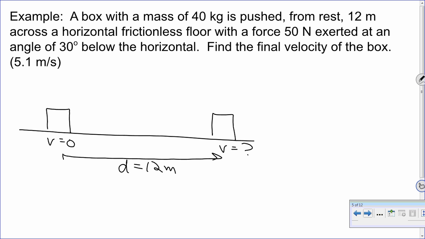Let's see, what else do we know? We know that the mass is 40 kilograms. And I know that my force is 50 newtons at an angle of 30 degrees. So let's draw that in red. I'm going to draw that arrow pointing in, even though I spent a whole bunch of time telling you not to do that. 50 newtons, and then this angle here, 30 degrees. Is everybody good with this?